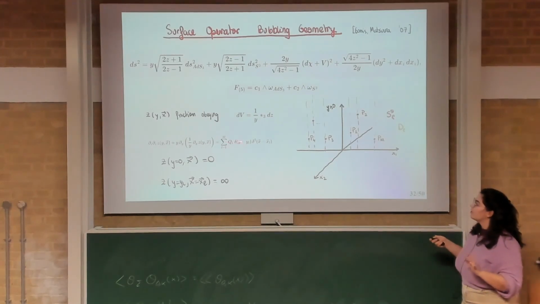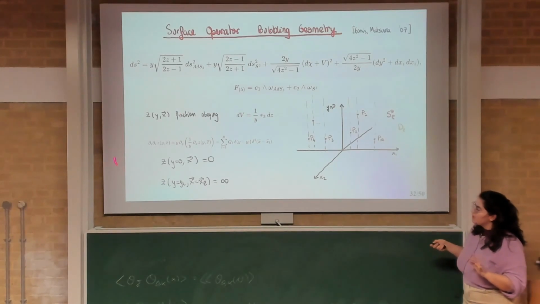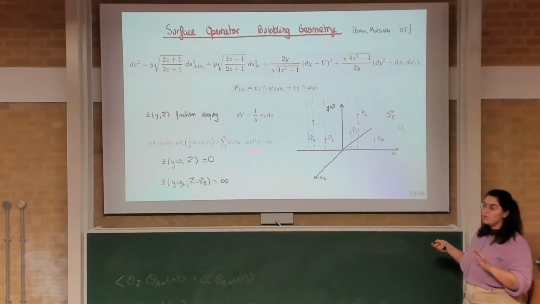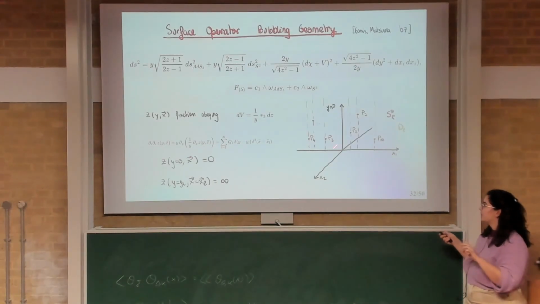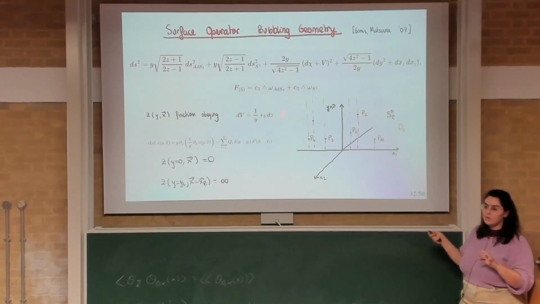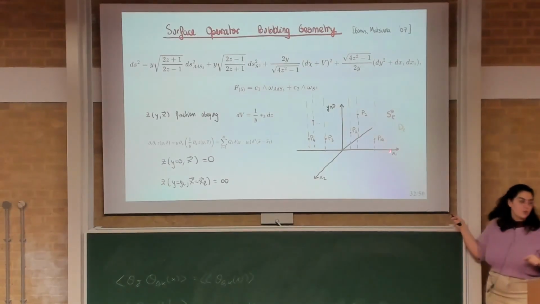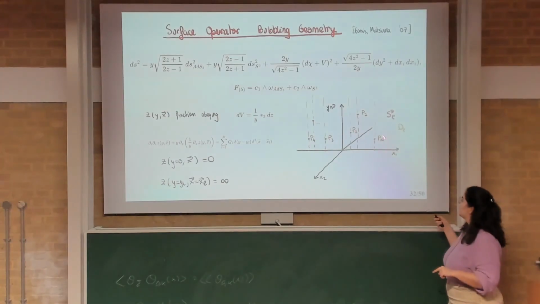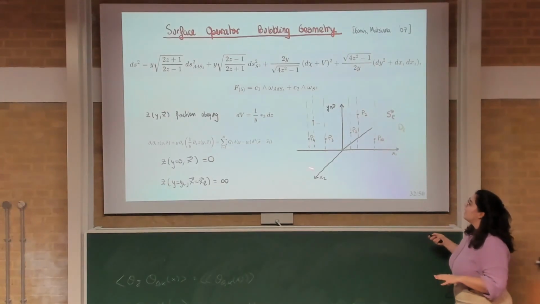And that is the reason why, with this differential equation, you have to add some sources, like point-like sources, so that it has a non-trivial solution, and you see m sources. So this is the first map between the parameters of the surface operator and the geometry.